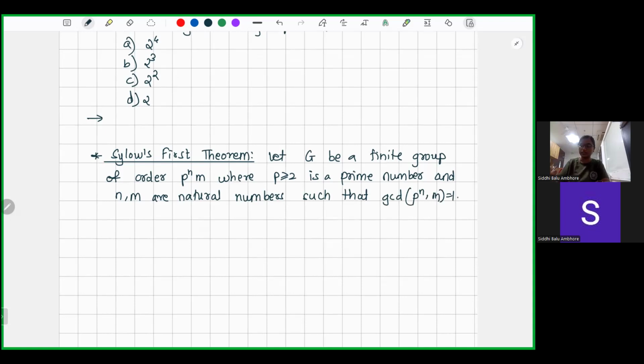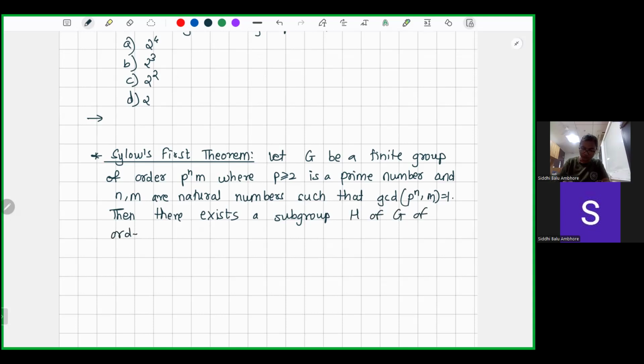This is the given condition on the order of G. Then there exists a subgroup H of G of order p power n, and this H is called a Sylow p-subgroup of G. So this theorem gives us the existence of Sylow p-subgroups.